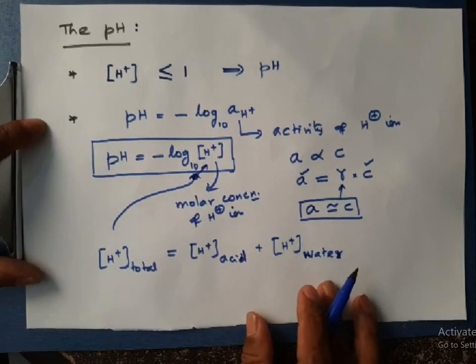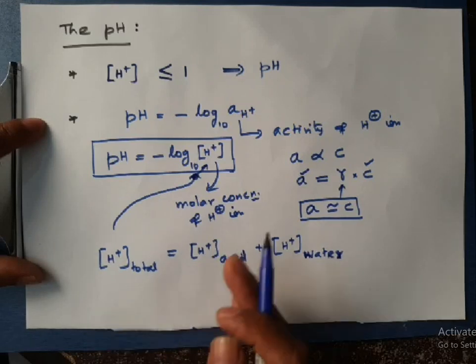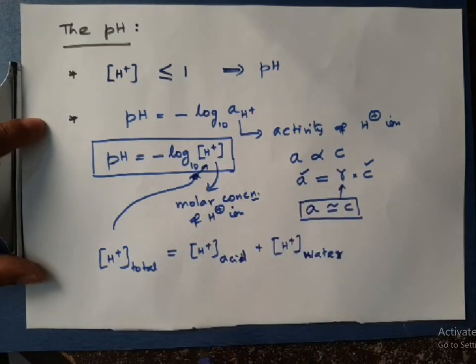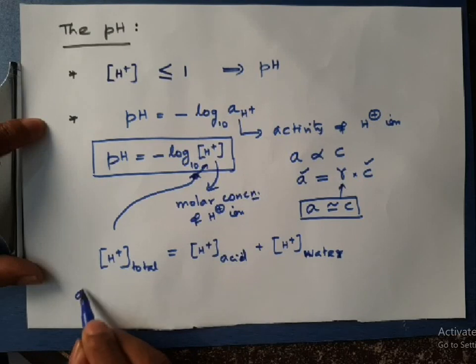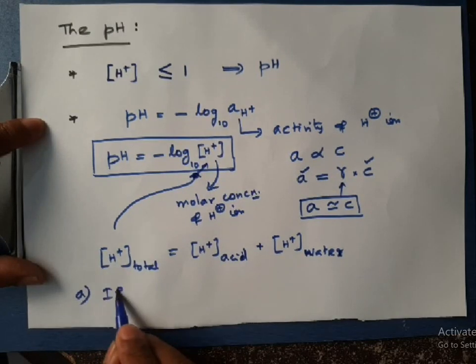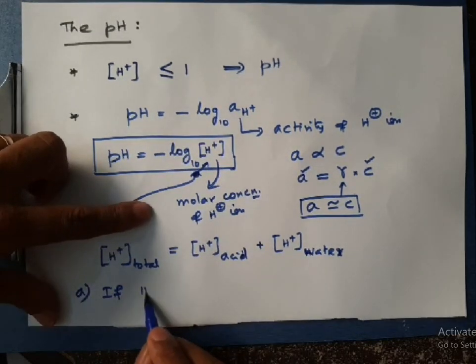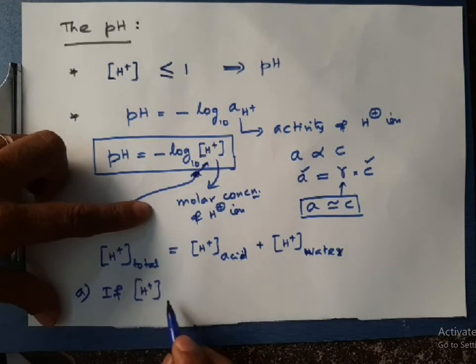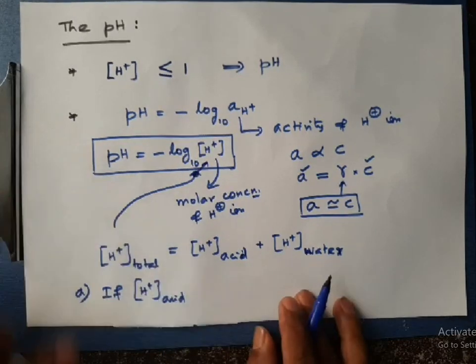Now, suppose the H plus ion concentration from acid is sufficiently high.